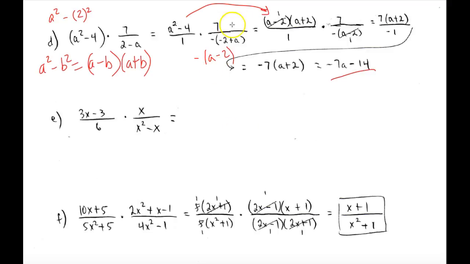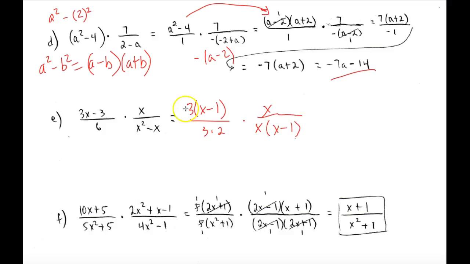So looking at that similarly, in example E here, we're going to factor out the greatest common factor in the numerator of the first fraction, which is a 3. Here we know that 6 is 3 times 2, times x, and then the greatest common factor in the denominator of the second fraction is just x, so that'll be x minus 1.